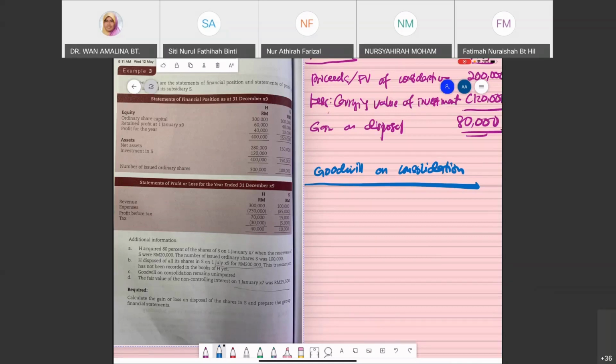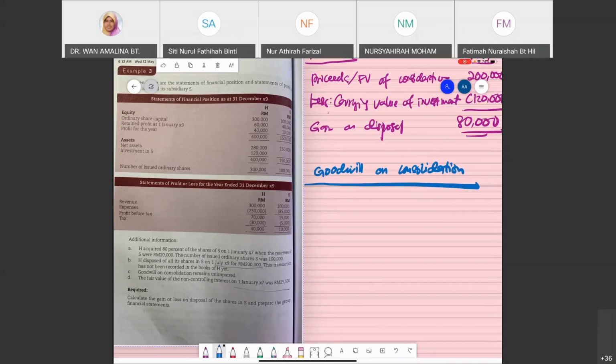Okay, so for 17.2.1, no change in the relationship, the parent retains control. Yang ni case daripada, for example, daripada 80% to 60%, still dia retain control. Okay. So in a situation where the investor still retains control, his entire share of goodwill is retained. So goodwill tu retain semua.